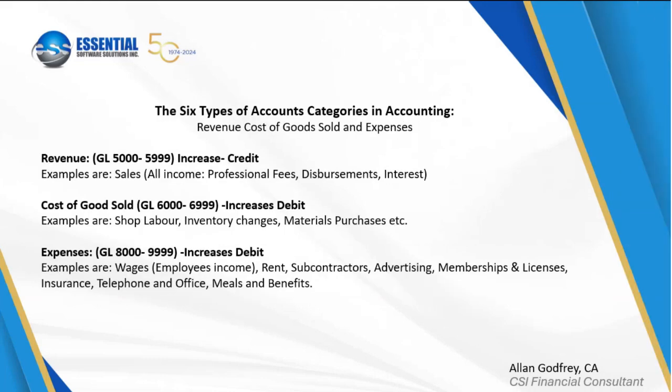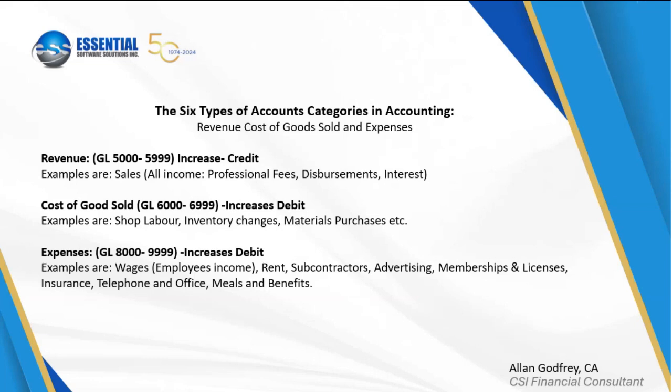Okay, so the flip side, the other three we talked a little bit about is the revenue. So we've got revenues, GL accounts 5,000 to 5,999. The increase of a revenue, so a sale kind of thing, is always a credit.